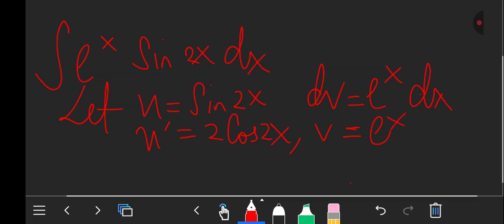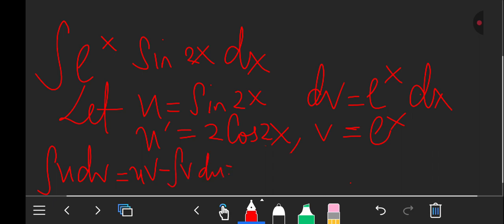Then at this point, we're going to apply the formula, which is, when you are given the integral of u dv, this is equal to uv minus the integral of v du. Now let's do the substitution. So what we have is uv minus integral v du.